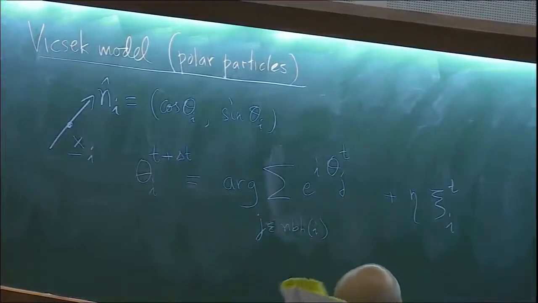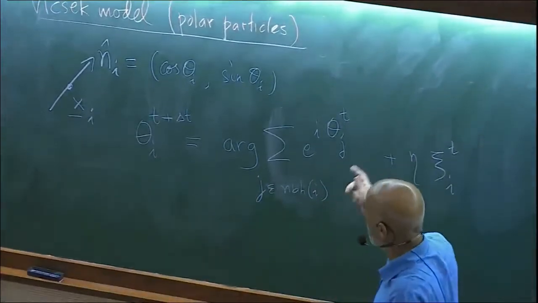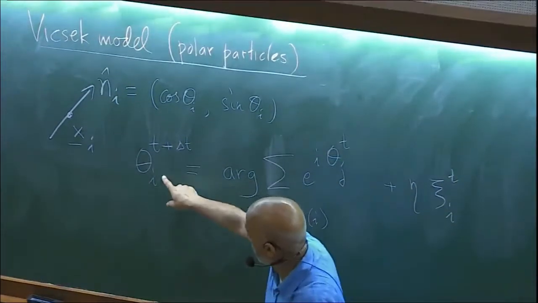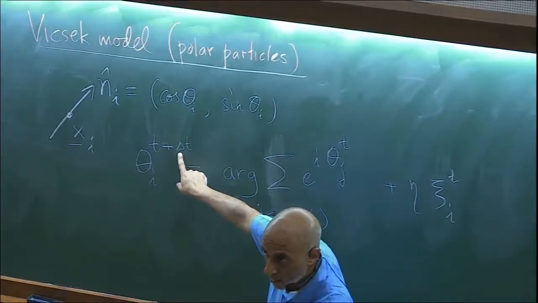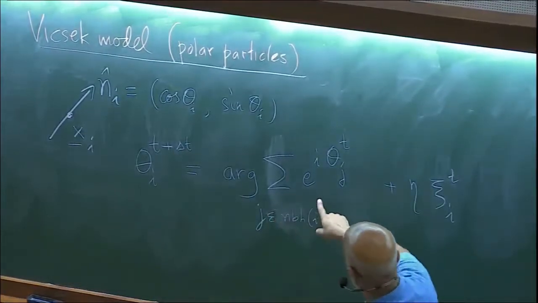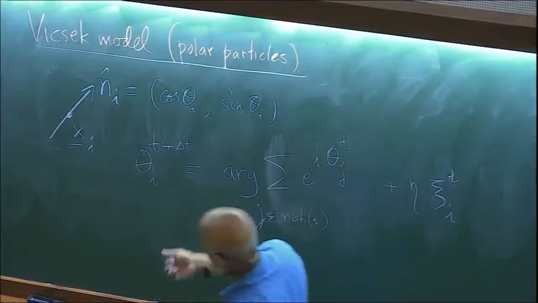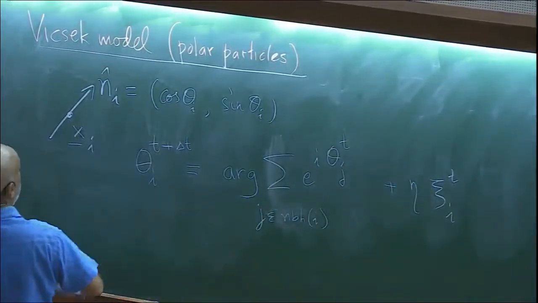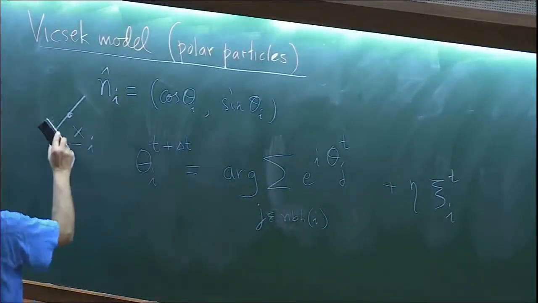Sorry, this notation is just to be consistent with the notation in some papers in the subject. The angle at the next time instant has two pieces. It looks, basically here is my particle and here, smaller so I can draw a neighborhood.